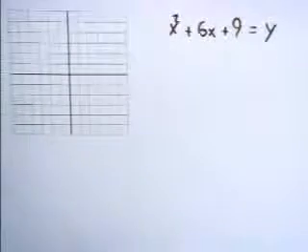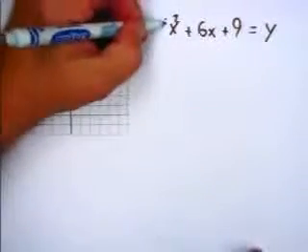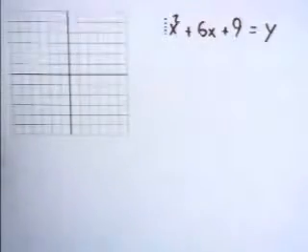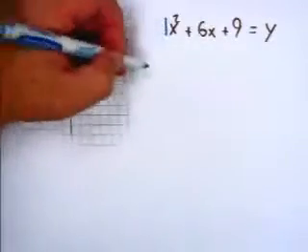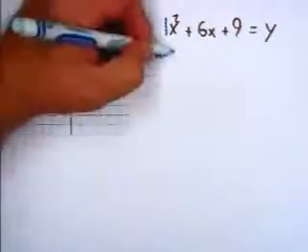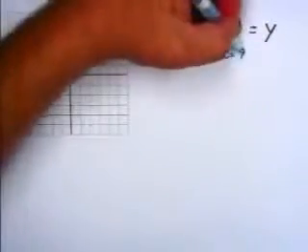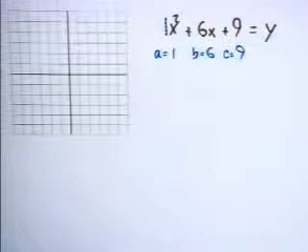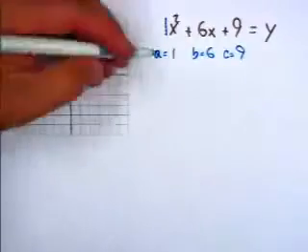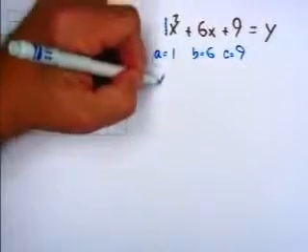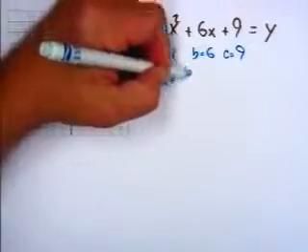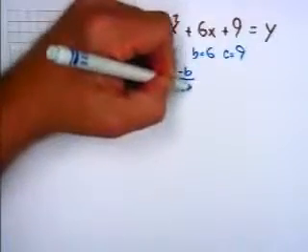All right, here's our second example, and once again, the coefficient of the squared term is 1. So we have a equals 1, b equals 6, c equals 9. So when it's time to find the vertex, we start by finding the line of symmetry, which is half the vertex. X equals negative b over 2a.